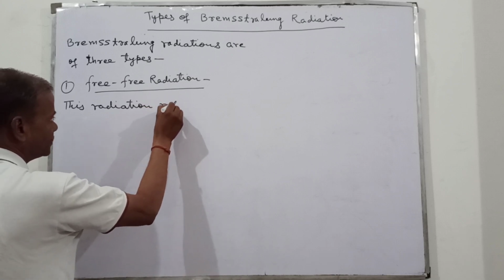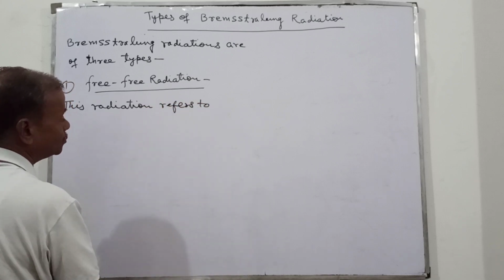This radiation refers to the electron which is free before and after producing the radiation.